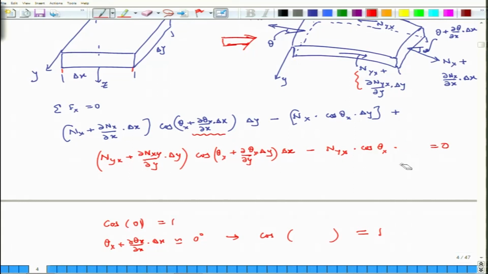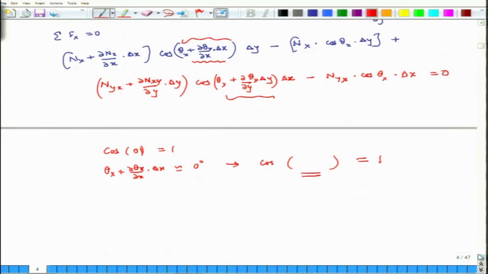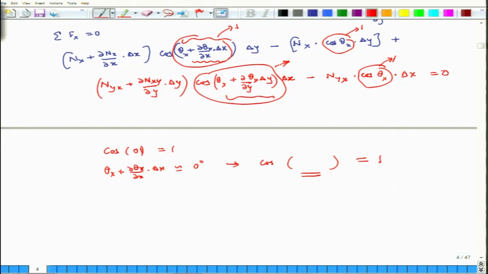Compared to the value of cosine at 0 degrees, the cosine of this angle is still going to be close to 1, and if it is close to 1, then I can approximate this term as 1, and I can approximate this entire term as 1.